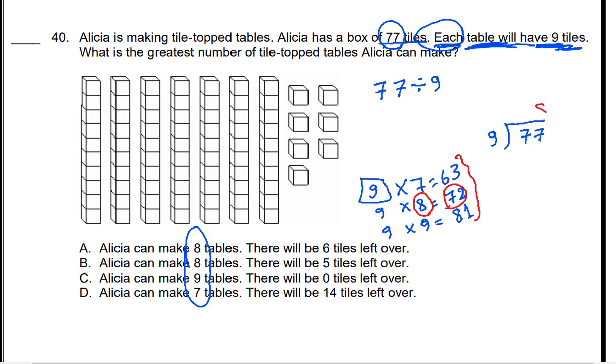So let's write the 8 on the top over the 7 and the 72 down here. And what should we do to find the remainder? We should subtract, Muhammad. So 7 minus 2. Go ahead, my hero.